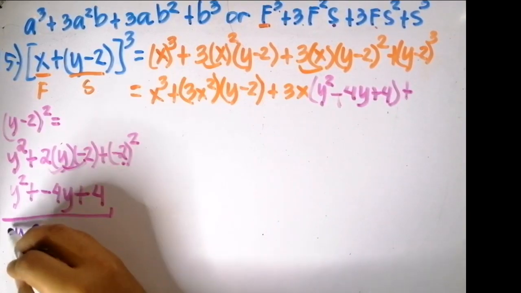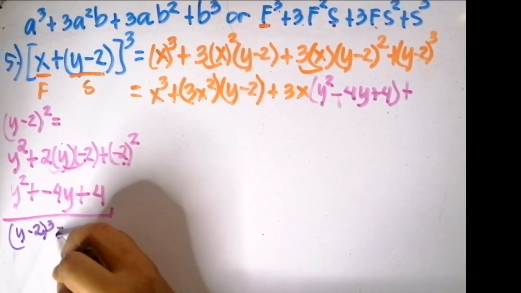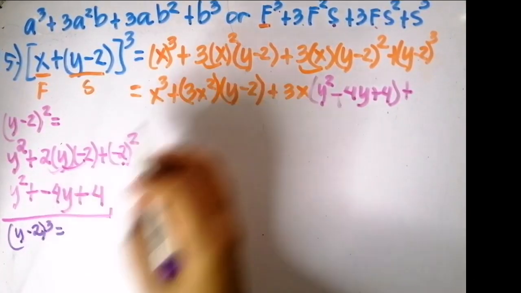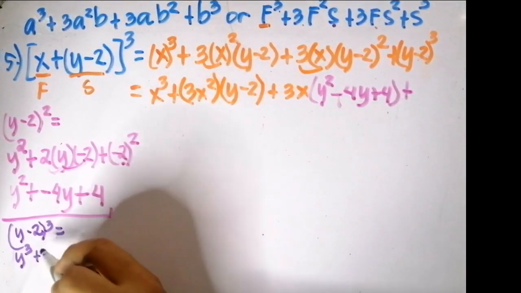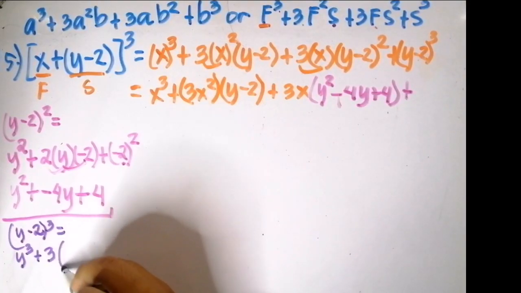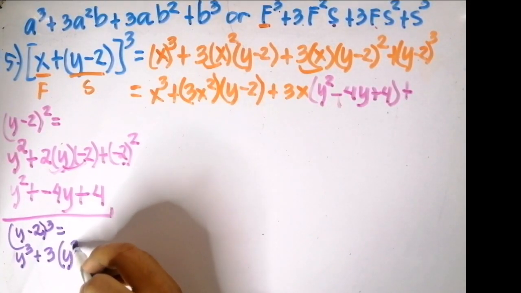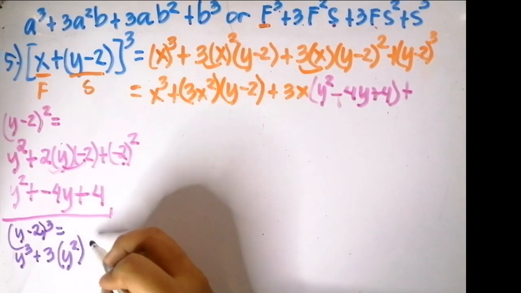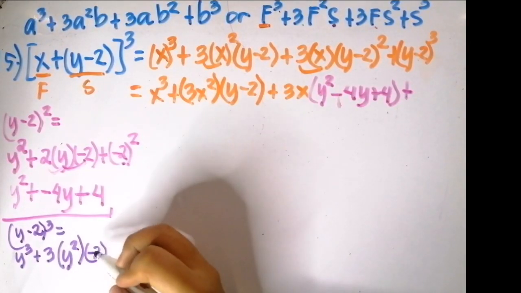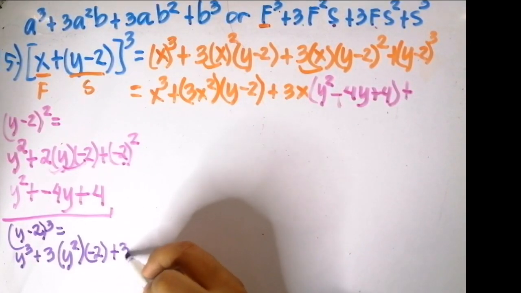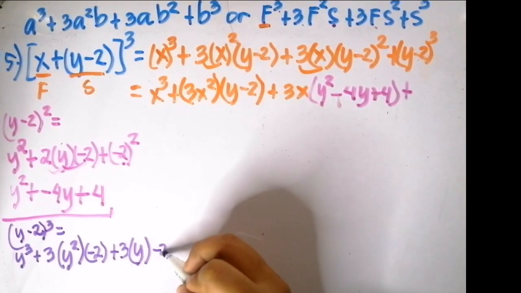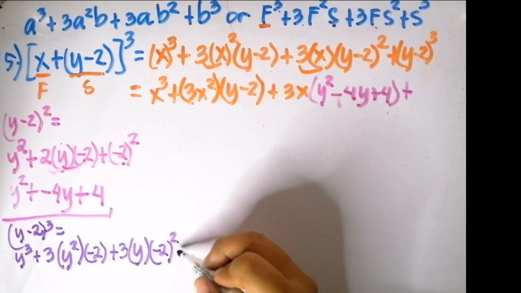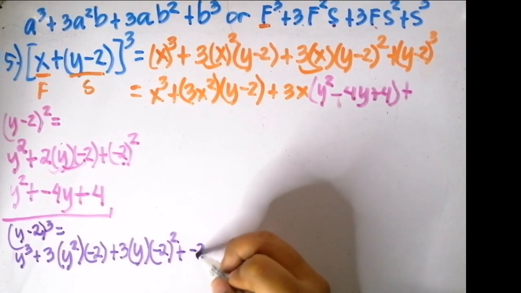Y minus 2 raised to 3. Okay, so first term is y. Y raised to 3 plus 3 times first term squared. So, y squared times second, negative 2 plus 3 times first, y times negative 2 squared plus cube of the second.